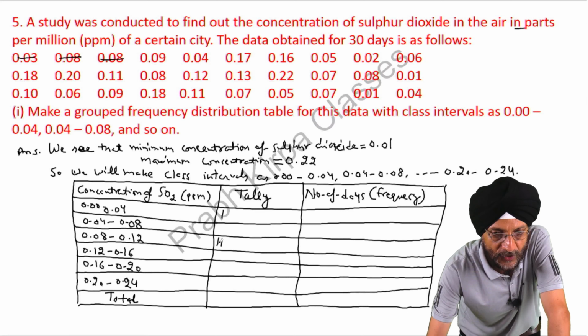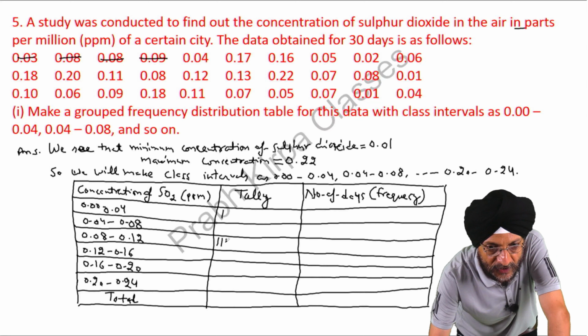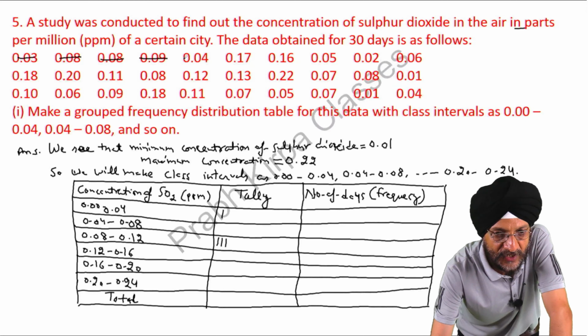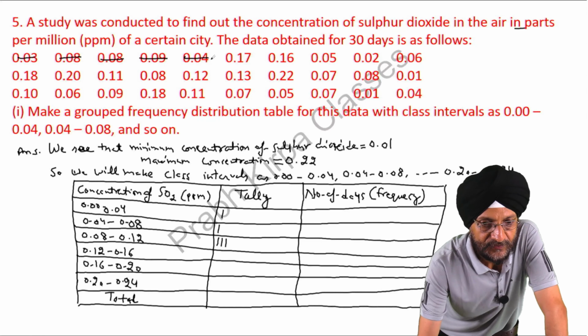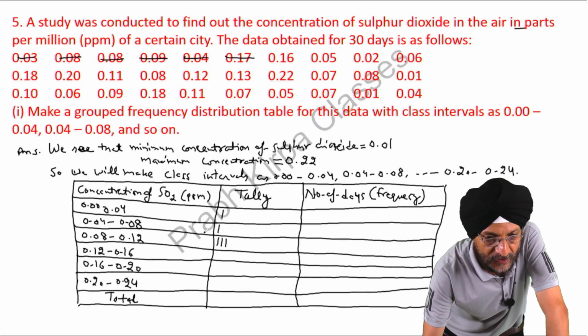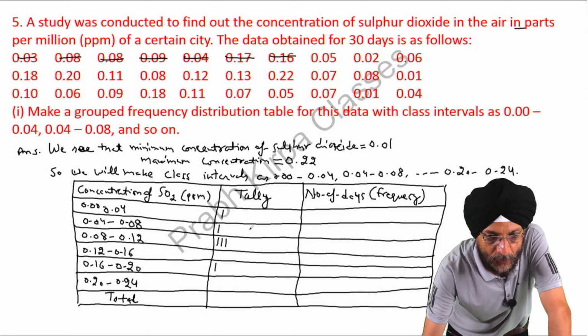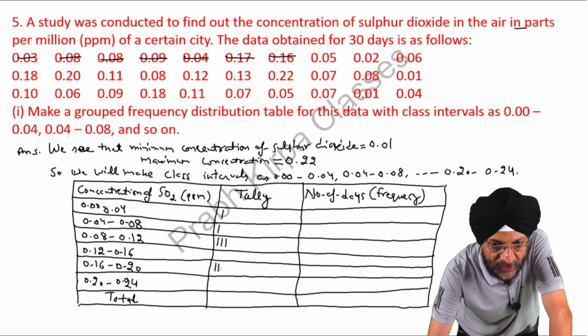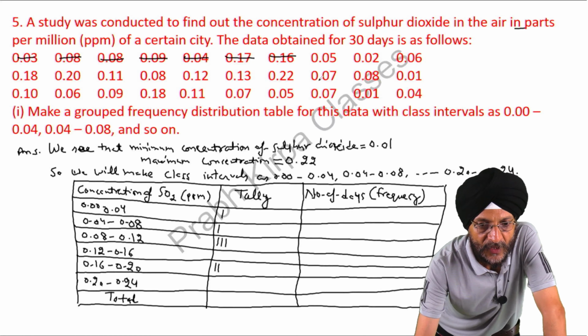It is counted here. 0.09 is counted in this. 0.04 is not to be counted here, it is to be counted here. 0.17 falls here. 0.16 is to be counted here and not in this class interval, as already told.